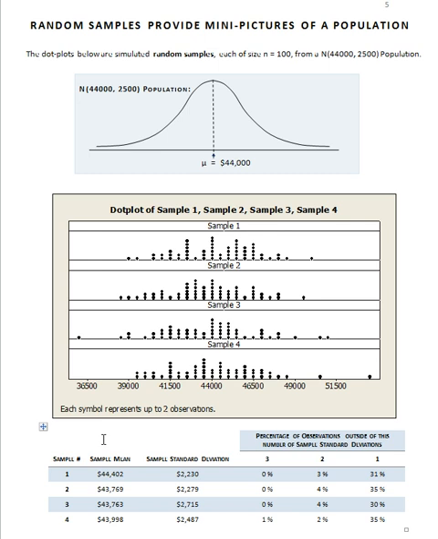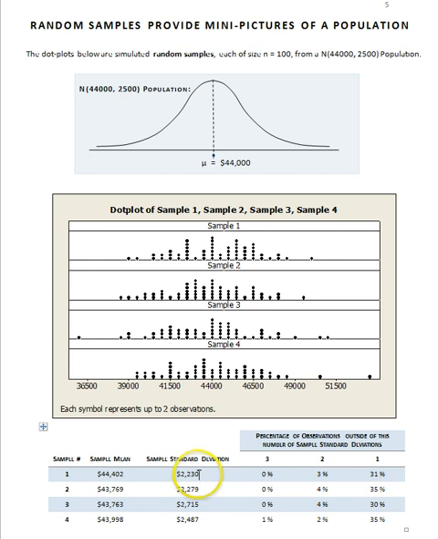When the sample data was used to compute each sample mean and each sample standard deviation, the results were: the sample mean for the first sample was $44,402. The second sample, $43,769, and so forth.